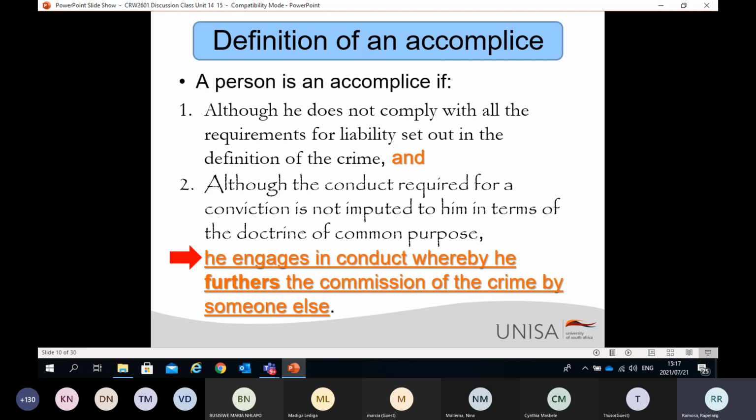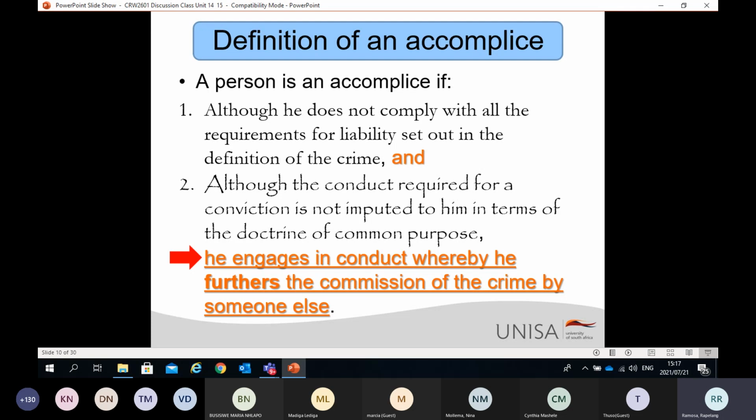will not apply. However, that person would be an accomplice because they engaged in conduct whereby they furthered the commission of that crime by someone else. And that someone else is obviously the perpetrator.